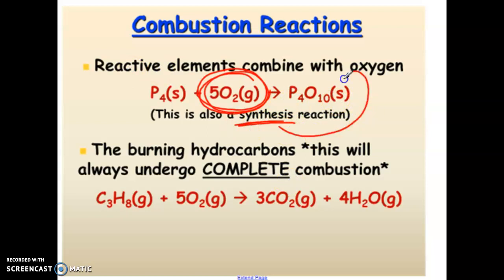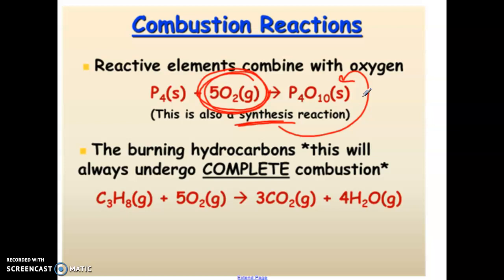If you remember, synthesis means that there's only one product that's made on the right side of the arrow. So if I gave you this reaction and asked what type of reaction this is, both would be correct. You can tell me synthesis or you can tell me combustion. It falls under both categories.